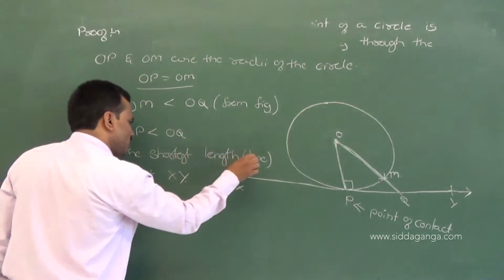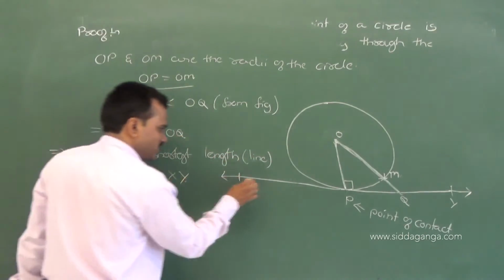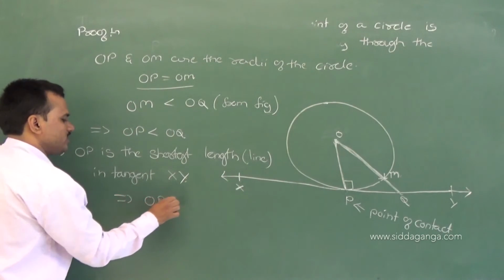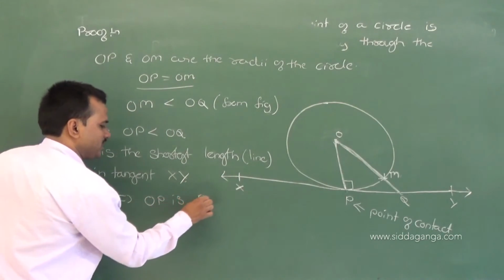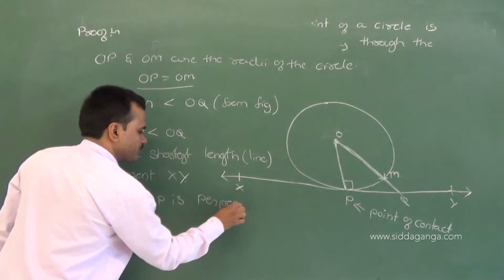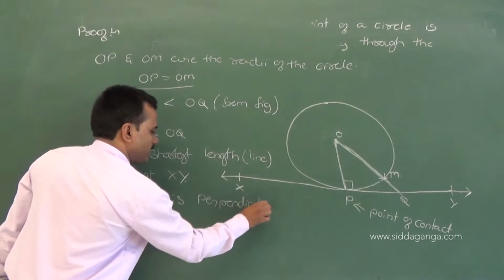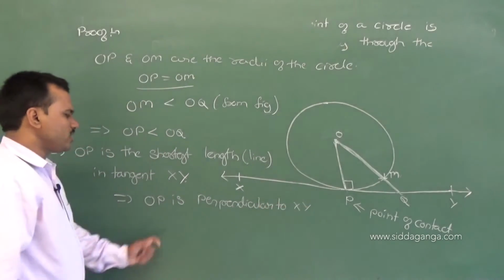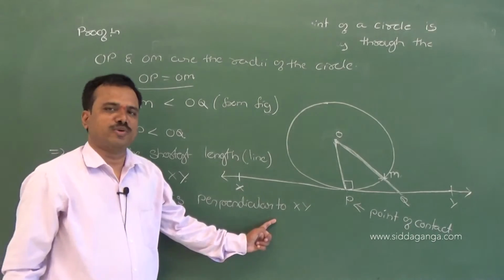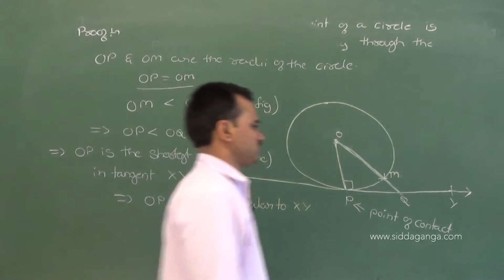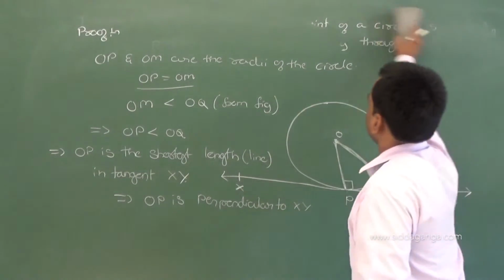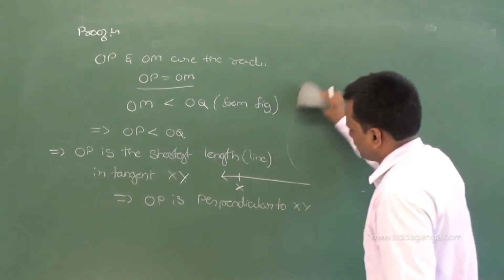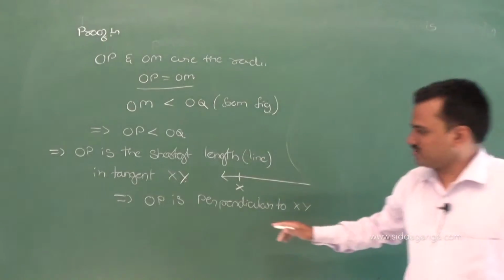That implies OP is perpendicular to XY. Sir, how can you say OP is perpendicular to XY? We are not clearly understanding that. See, observe here. Proof is over. OP is perpendicular to XY.